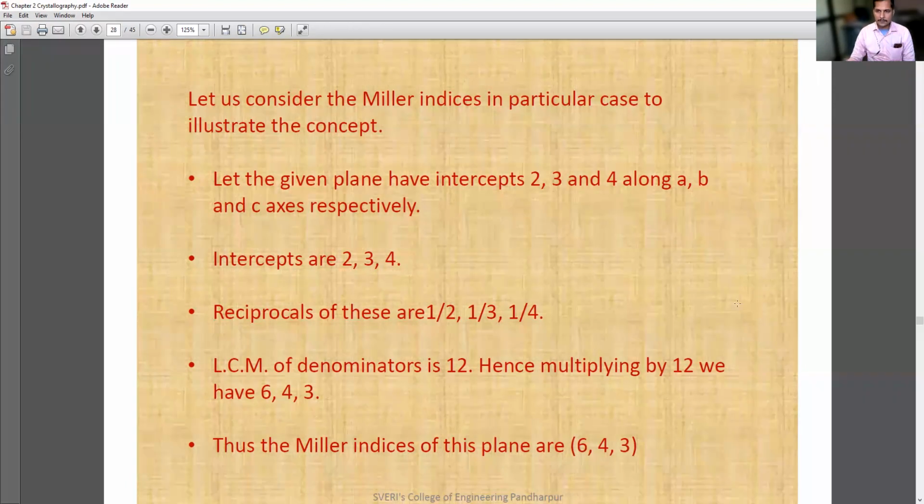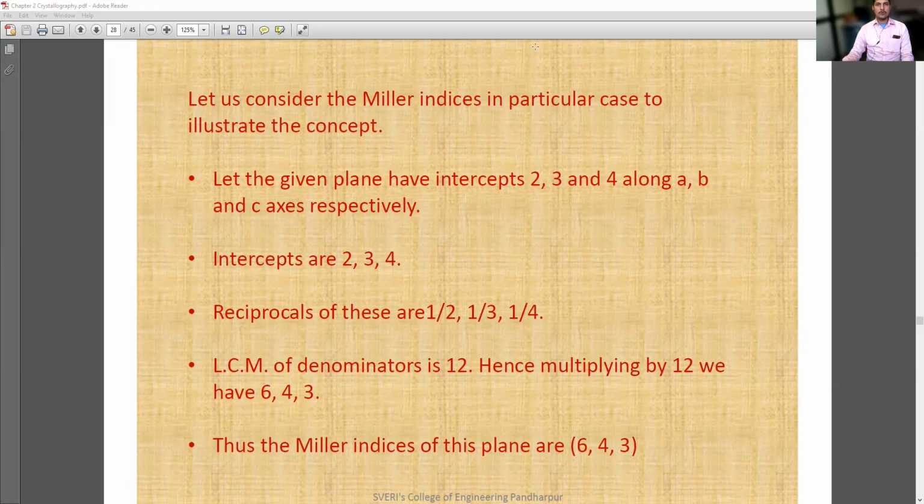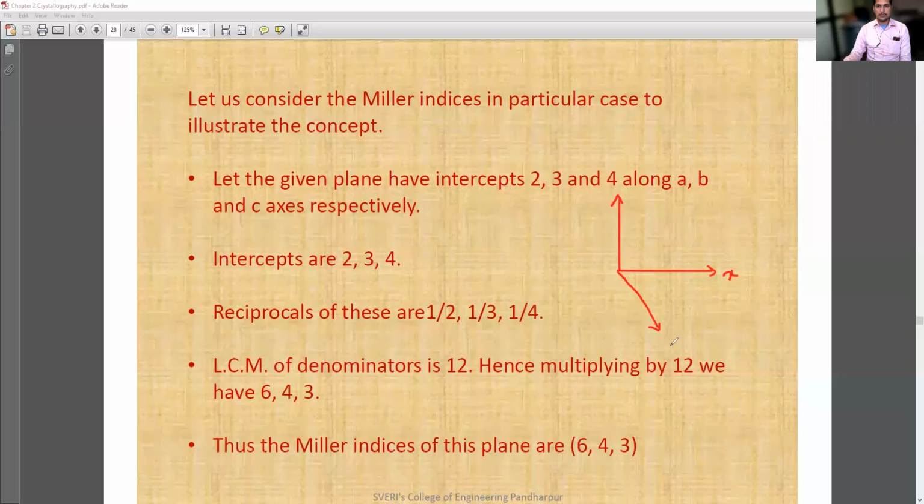So you have noticed the process we have discussed, but the example seems to be very simple. But what does it mean, let us check. When we are considering the Miller plane, it looks like this. If we consider this as X, Y, and Z, then our Miller indices are 643.